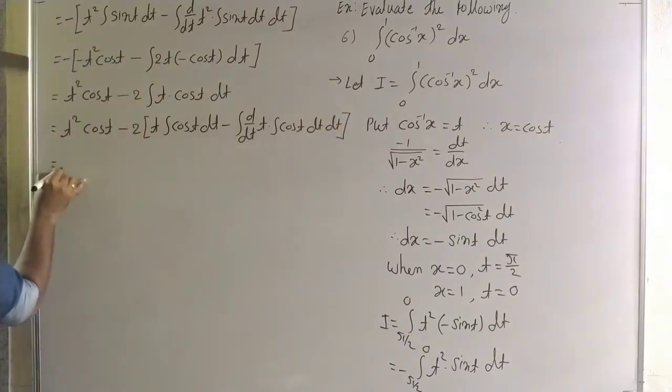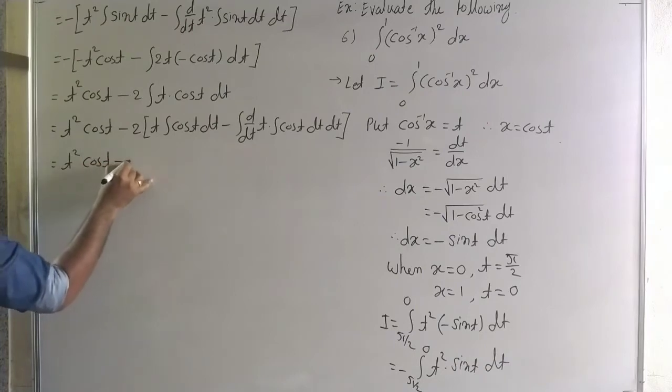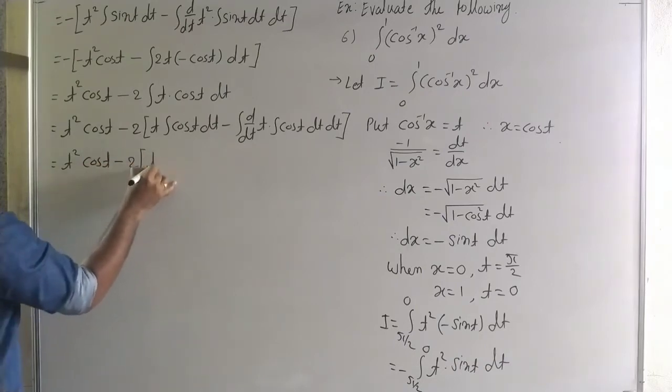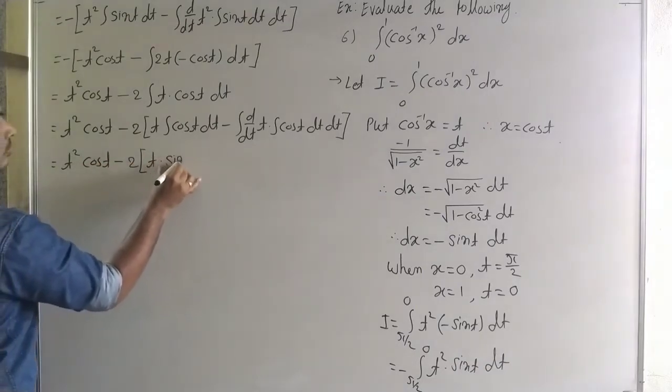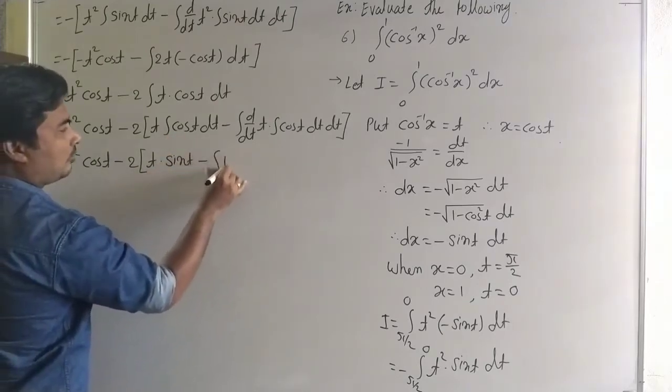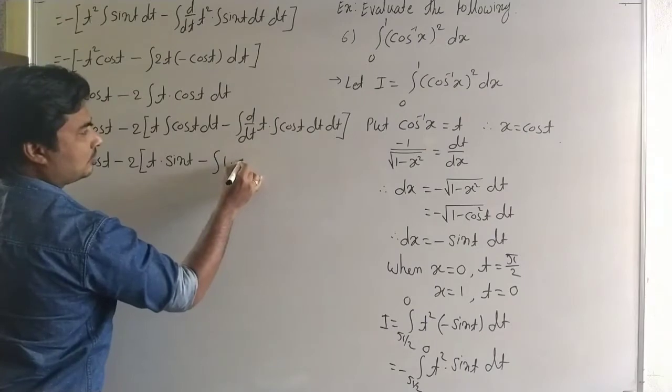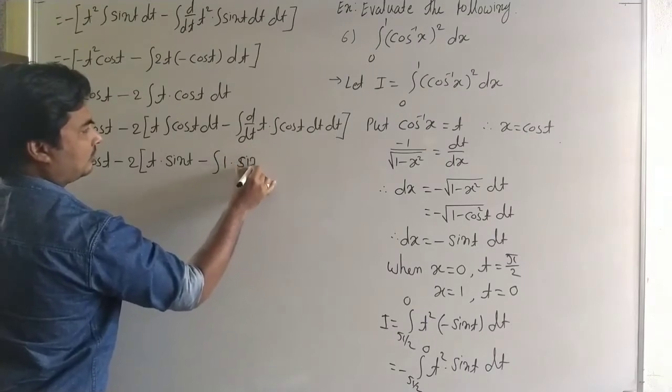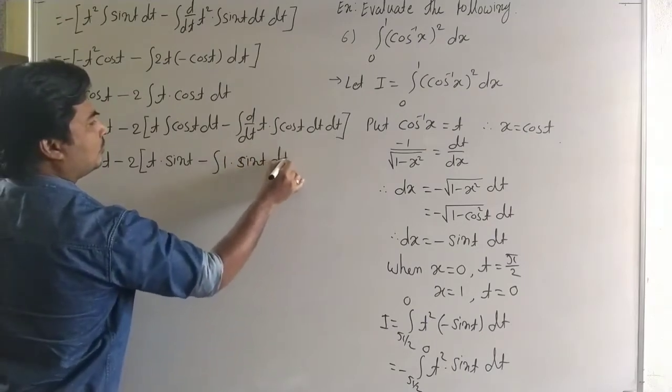Then here it is t square cos t minus 2 into t into sin t, the integral of cos t, minus the integral of 1 into, again, sin t dt.